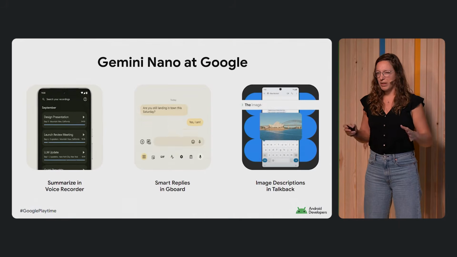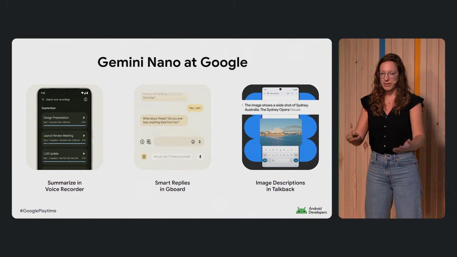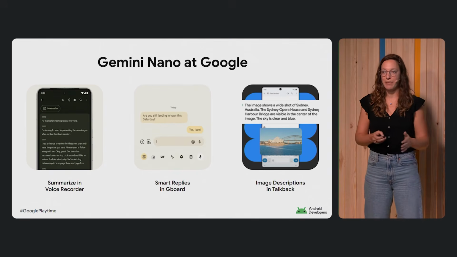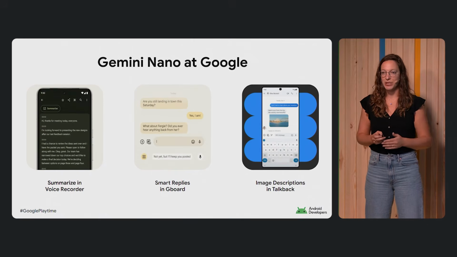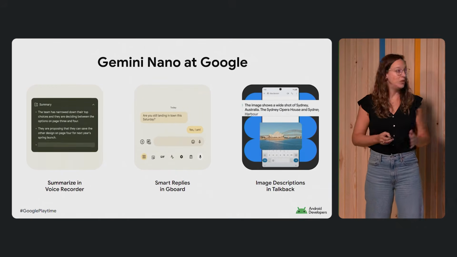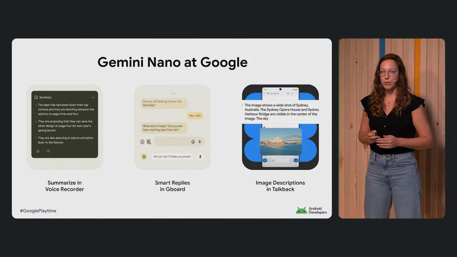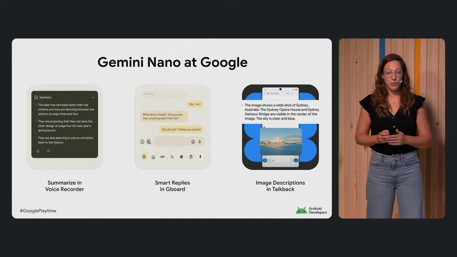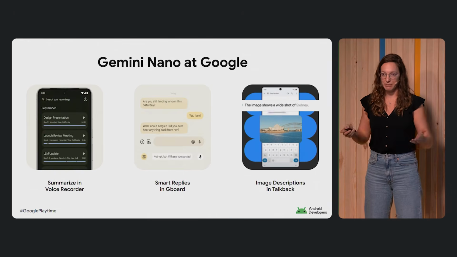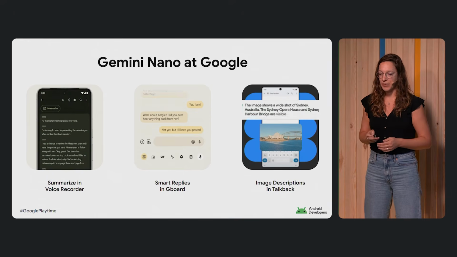Now, I know that on-device might sound like a far thing into the future, but we actually already have many Google apps that are leveraging Gemini Nano in production today. For example, we see summarization in Voice Recorder, we have smart replies in Gboard, and we have image descriptions automatically created in Talkback.